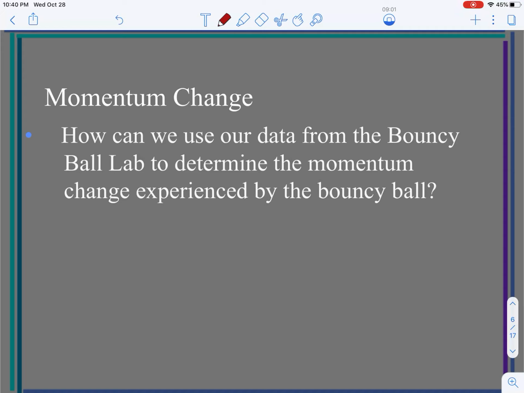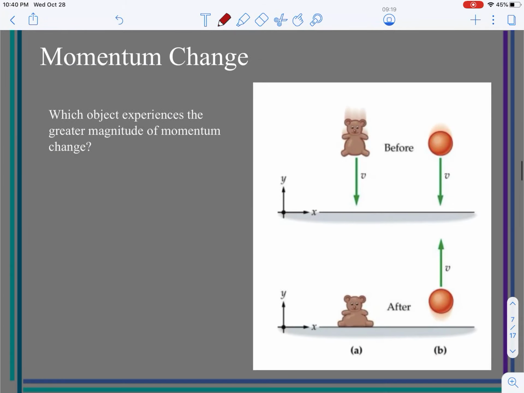So now let's talk about why it changed. What caused it to change? In this case, the mass of the object obviously stayed the same, but the velocity was different. So what created that change in velocity that ultimately caused the change in our momentum?